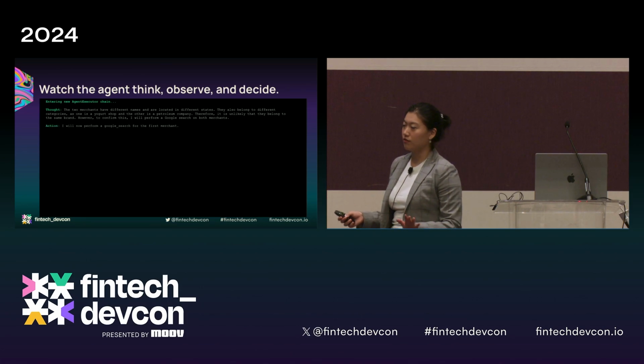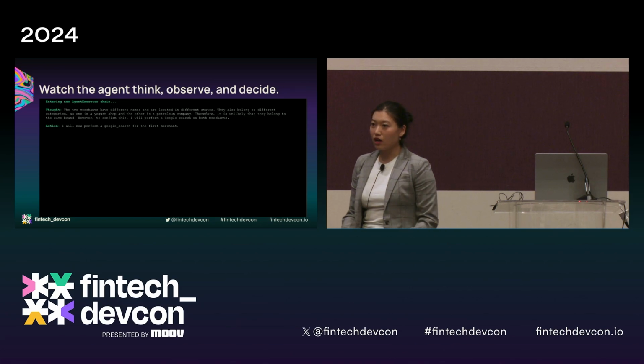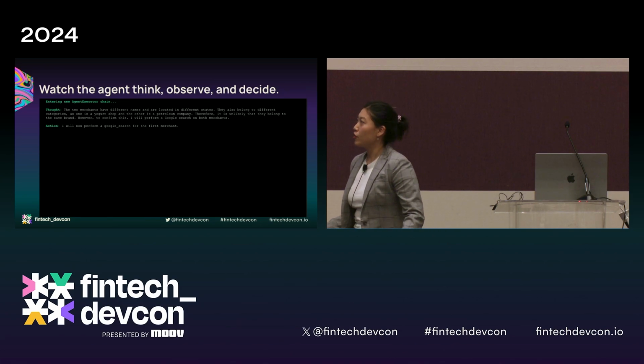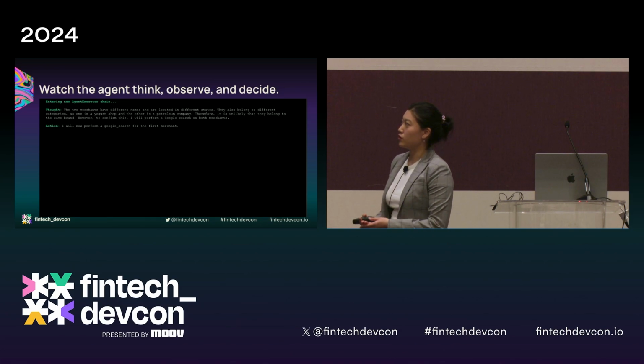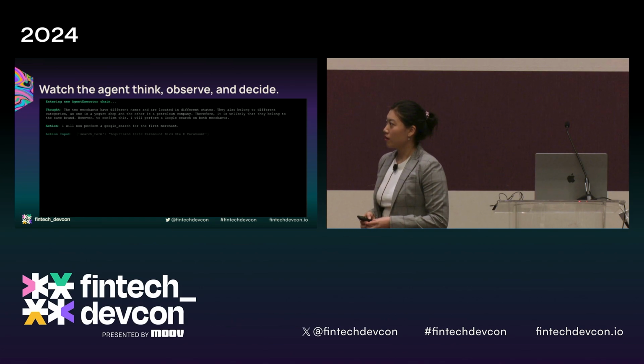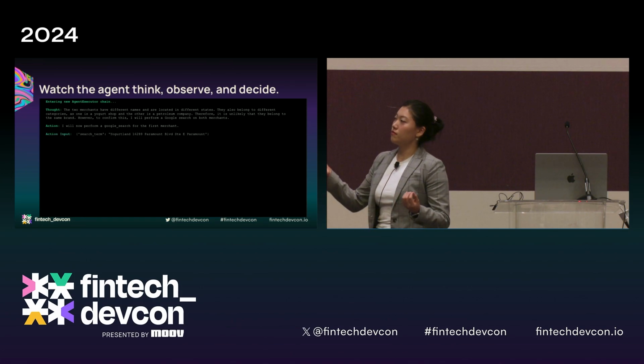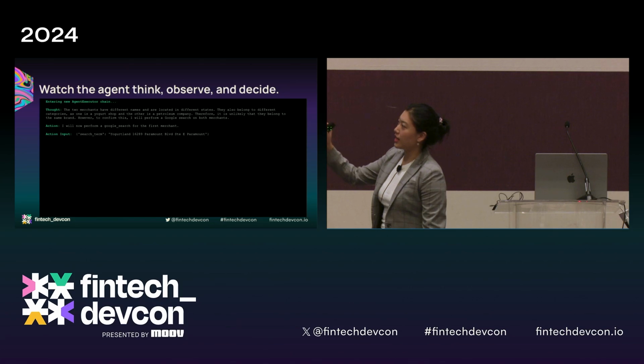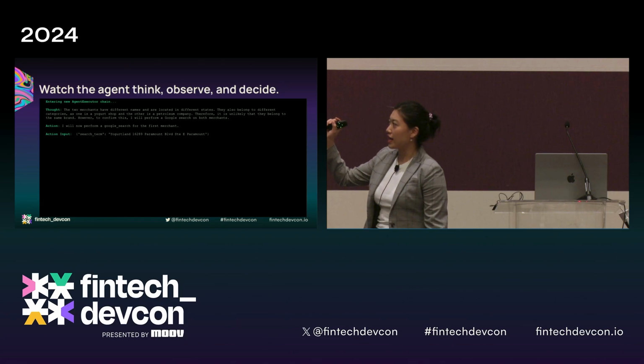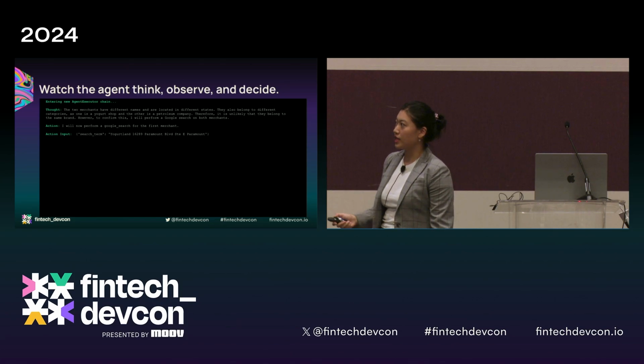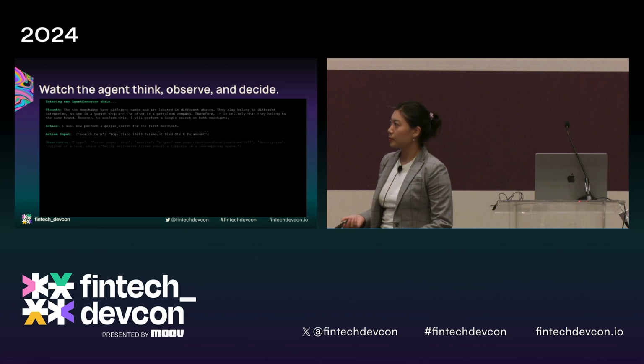All right, so the action will be, I will now perform a Google search for the first merchant. And next, the agent gets the Yogurt Land name and its address as the search term that is ready to send to the Google search tool.